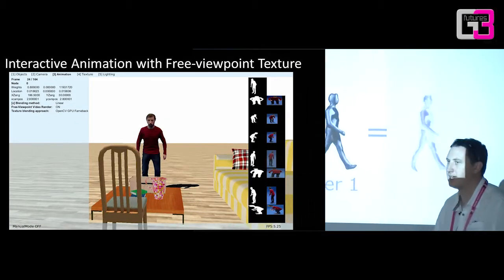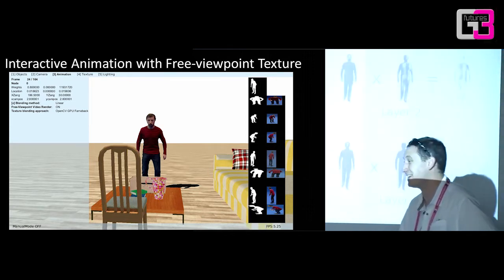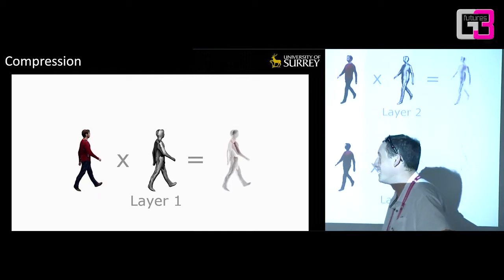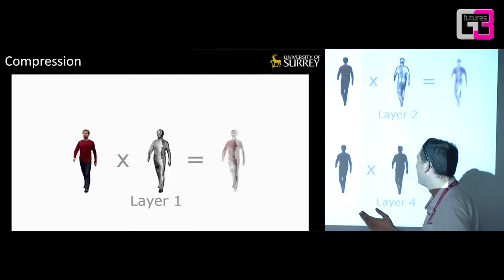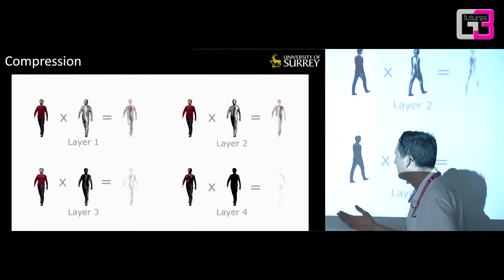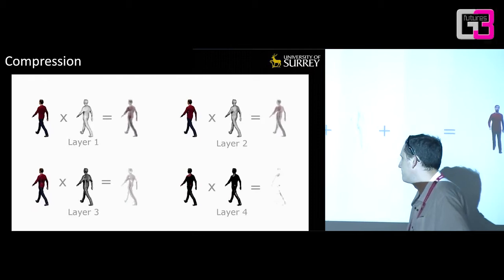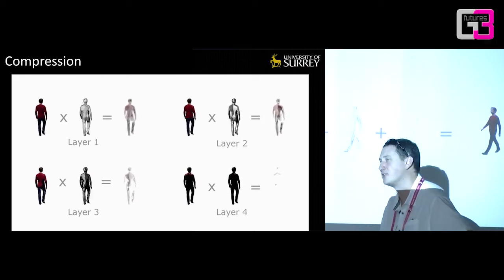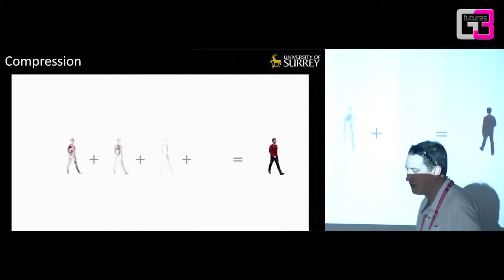Okay, so it might sound like pulling pixels off videos at runtime to texture your model is really, really expensive and couldn't possibly work in a game. And initially, you would be right in saying that. However, we've developed a method of representing this data in an efficient way that doesn't cost any more, really, than just storing a bitmap for your textures. So instead of a single texture, we store 4 textures per video frame.